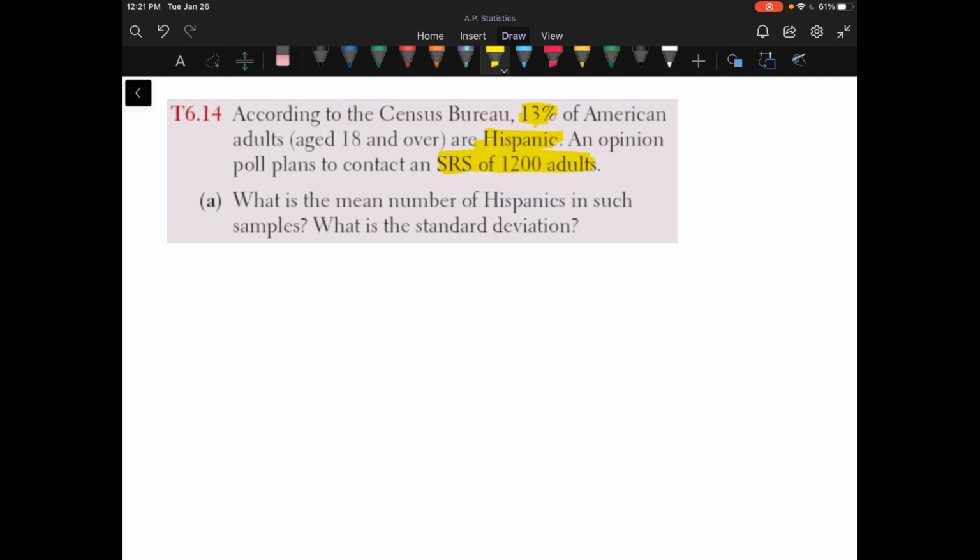What is the mean number of Hispanics in such samples? What is the standard deviation? We want to figure out the mean and standard deviation.